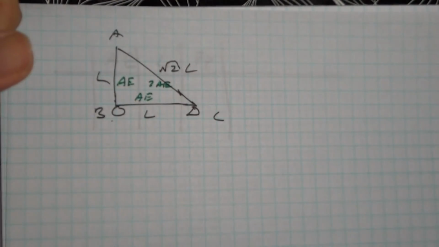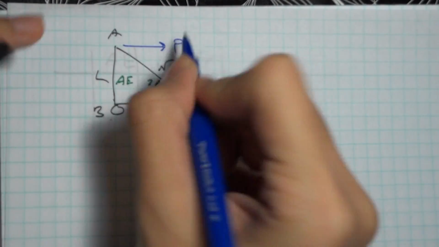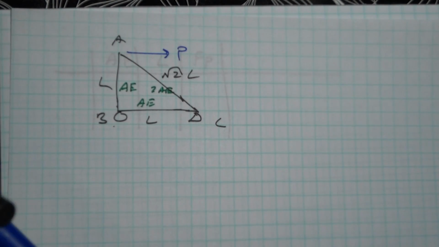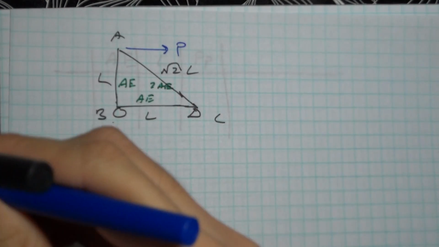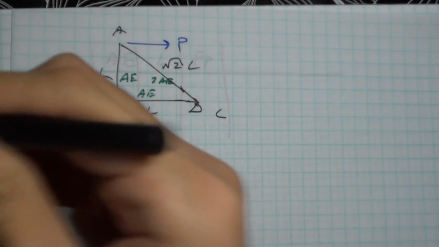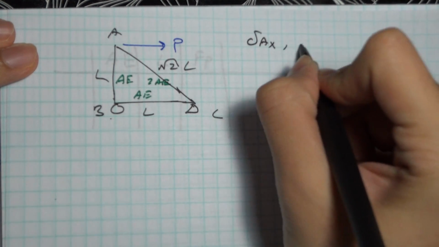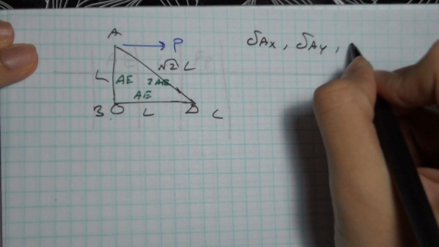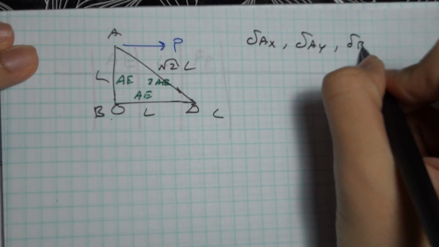My load is going to be here, some load P. Let's find delta A in the X direction, delta A in the Y direction, and delta B in the X direction.